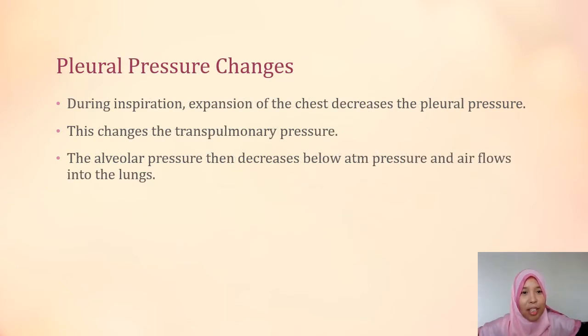So the pleural pressure changes during inspiration: when the chest expands, it decreases the pleural pressure. What it's saying here is that the pleural pressure, although it's in a closed area in between, is not directly affected by the expansion or the reduction in the volume of the chest, but there is a slight decrease in the pressure, right?